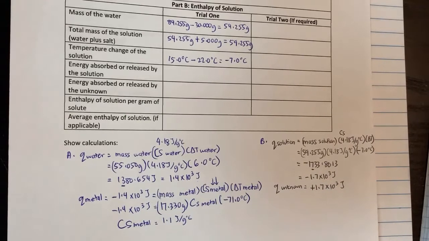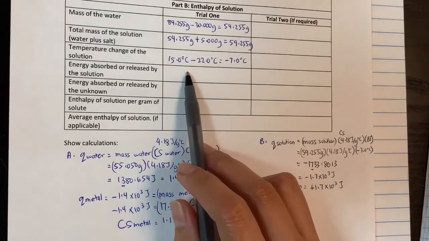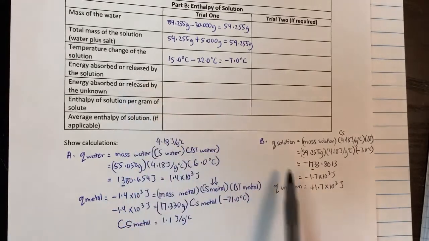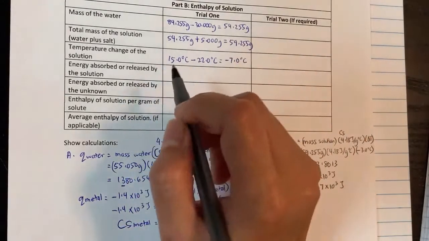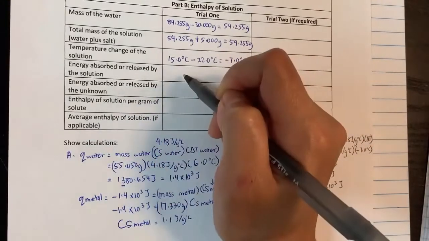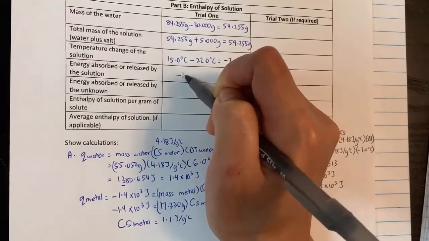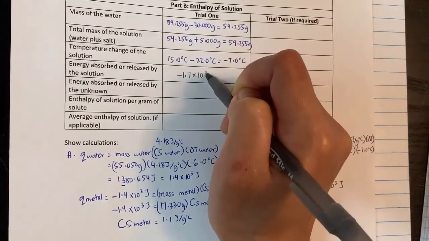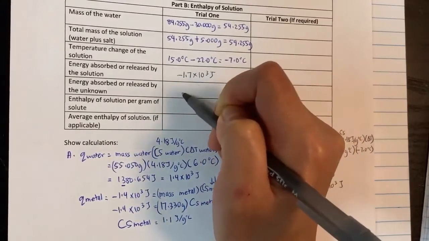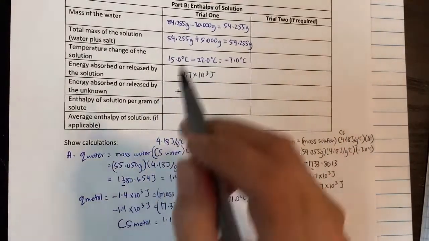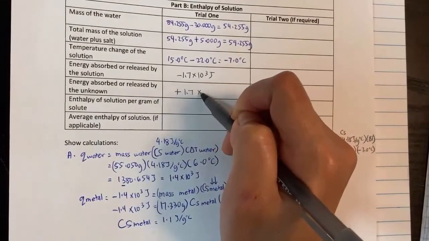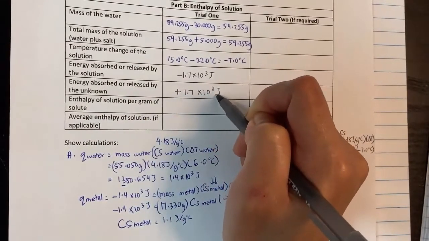Once we get that, let's go ahead and fill this in. Obviously, if it's a negative sign, it's released, so the solution released 1.7 times 10 to the power 3 joules, and the salt absorbed positive 1.7 times 10 to the power 3 joules.